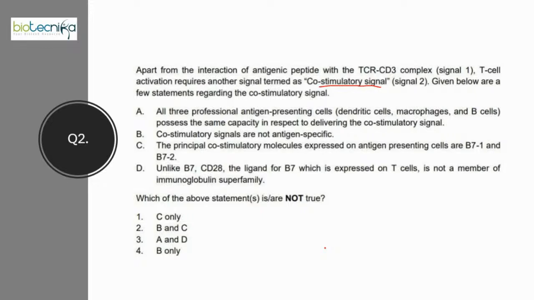Have you all understood? If you have understood, then try to give me the answer. Rinku is also saying A and D.